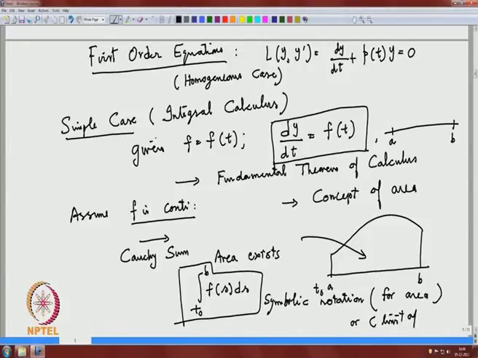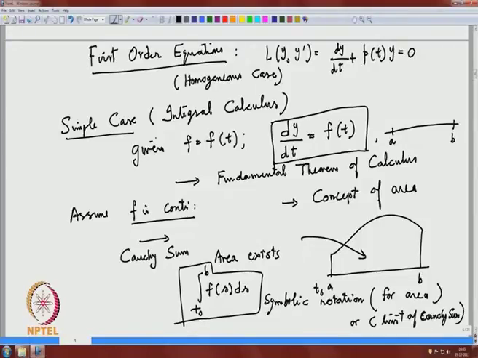You have to be careful, or rather you have to understand it that way, the Cauchy sum. Okay. So, that way you define this area concept.